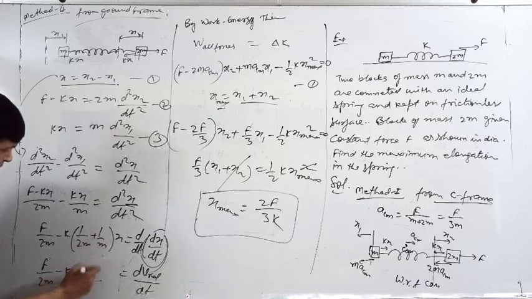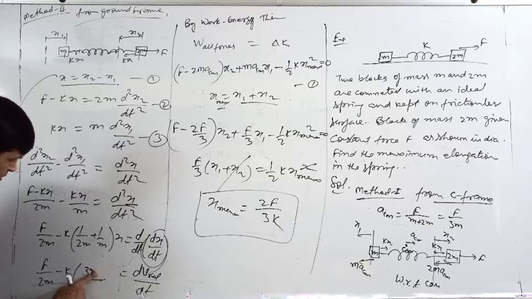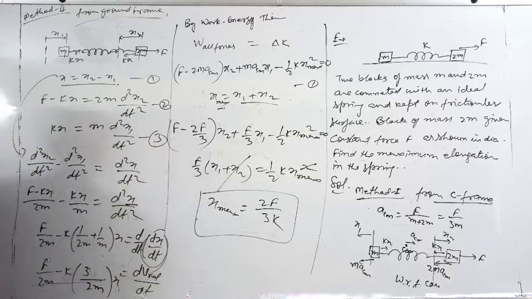Now I can simplify: 3m by 2m, so 3 by 2m into x.